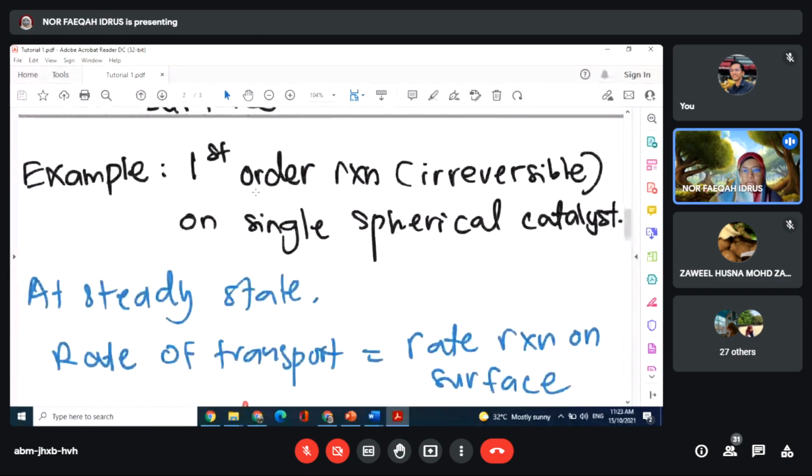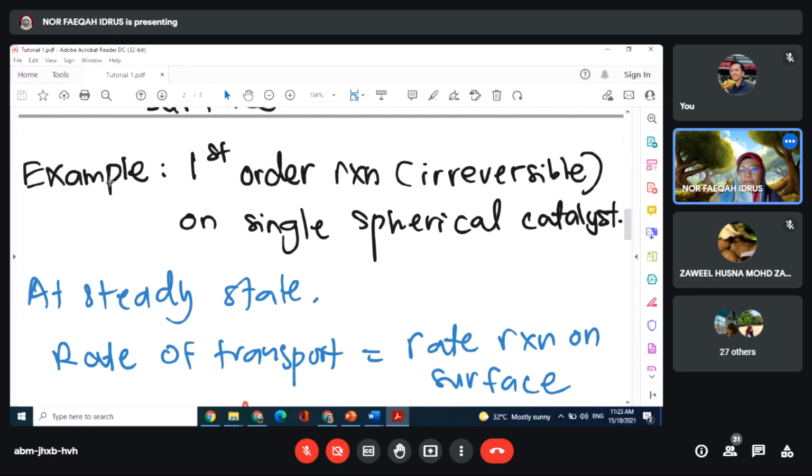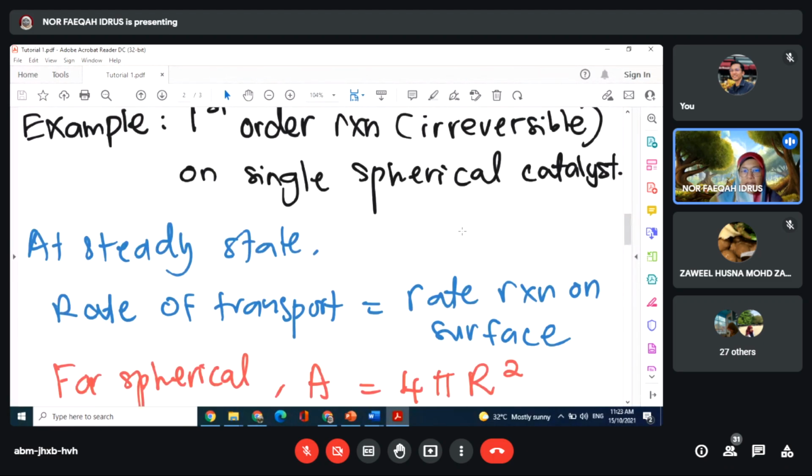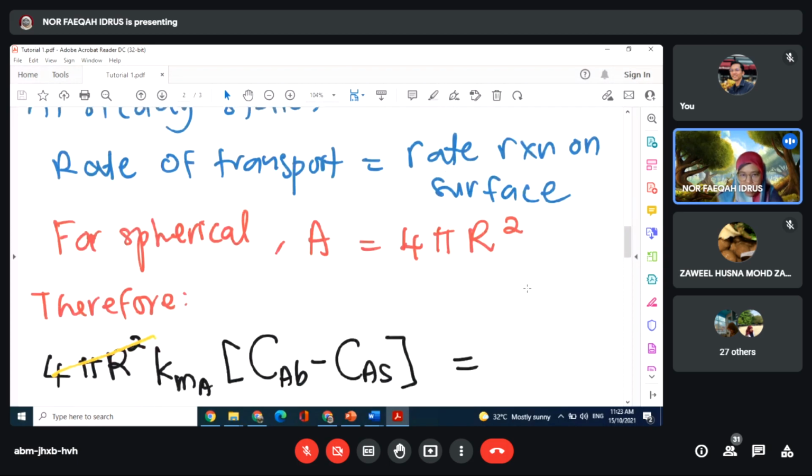Alright, so example untuk soalan tadi. First order irreversible reaction on a spherical catalyst. Okay, at steady state, the rate of transport equals the rate of reaction on the surface. For a sphere, surface area equals 4 pi r squared.